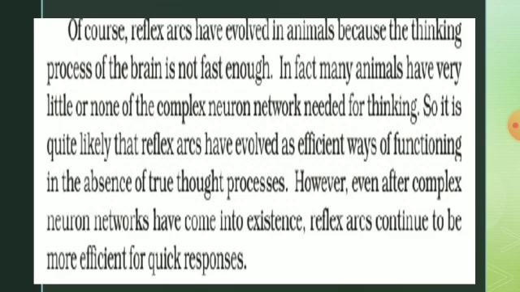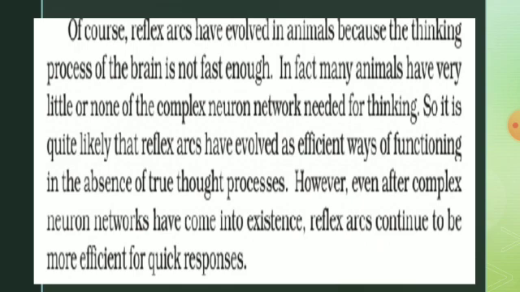Of course, reflex acts have evolved in animals because the thinking process of the brain is not fast enough. In fact, many animals have very little or none of the complex neuron network needed for thinking.